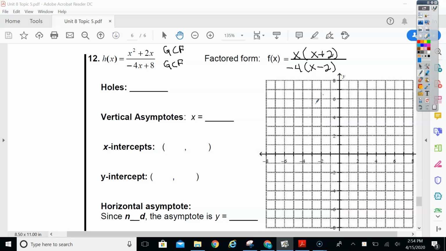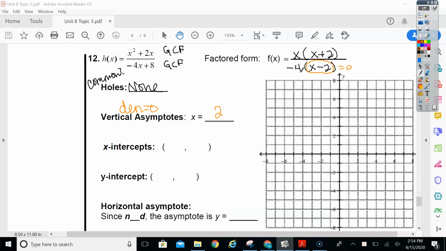Okay, so are there any holes? Is there anything in common that cancels out? Nope, this is a positive, that's a negative, so these don't cancel, so there's none. Vertical asymptotes are the numbers that make the denominator equal to 0. So here, this factor equals 0 when x is positive 2.